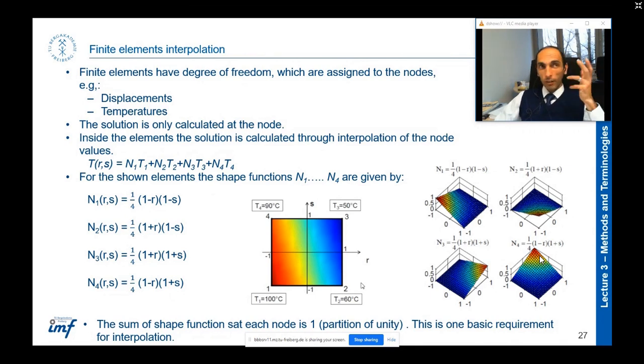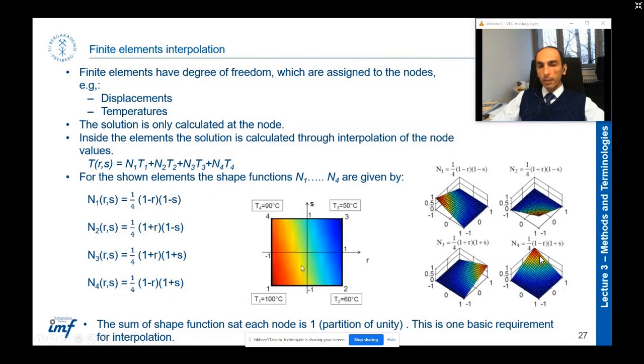It's a kind of average, but not a simple average; it's a little bit complicated. In this way, we can calculate the values in between using these shape functions, and graphically you can see how it behaves.